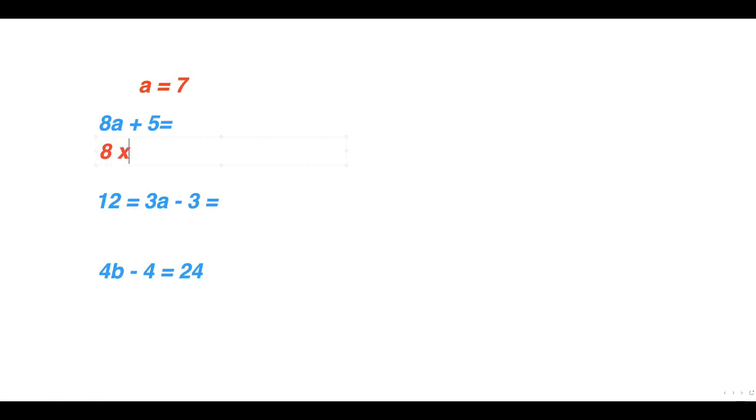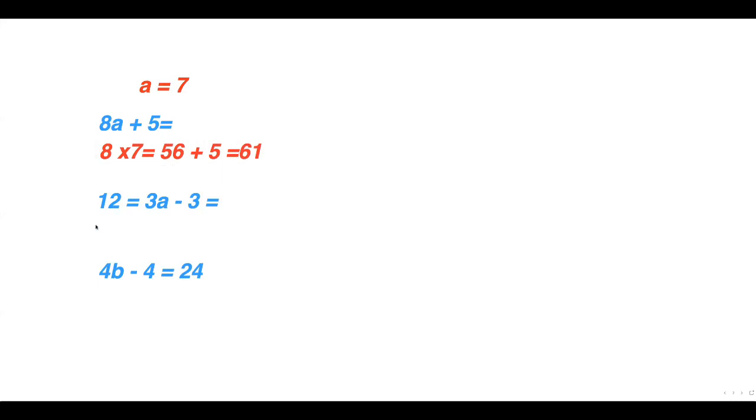You've got 8 times 7, which is 56. 56 plus 5 equals 61. So you had 8a plus 5. We did 8 times 7, which is 56, and 56 plus 5 equals 61.